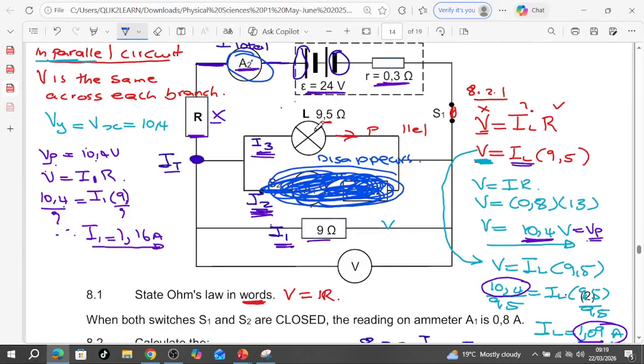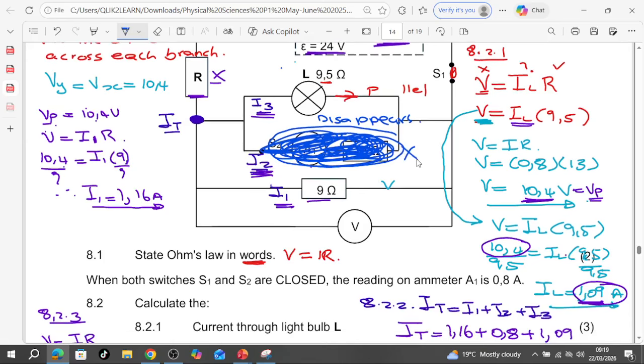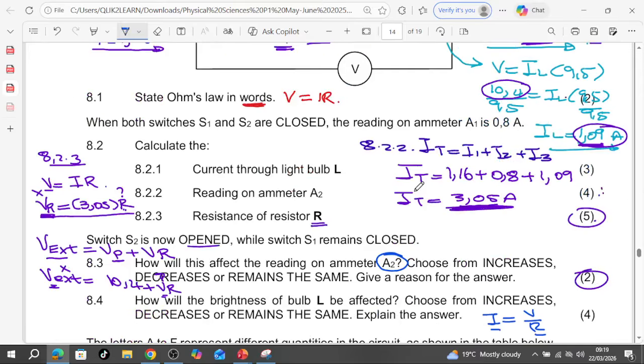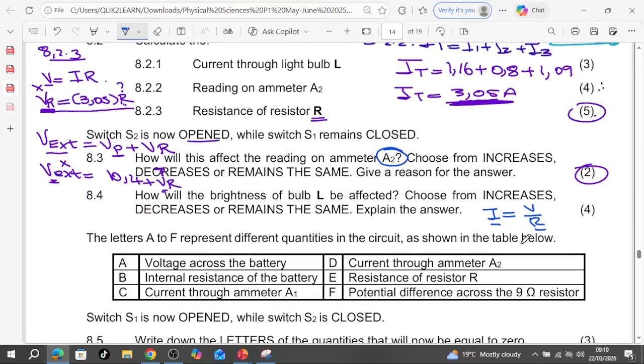We have the total current. We removed one resistor. So what happened to the resistance? If the current increases, the resistance decreases. If the resistance increases, the current decreases.